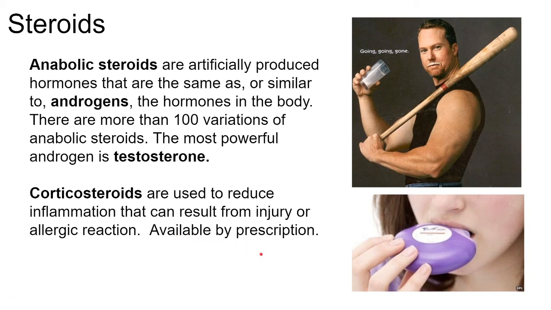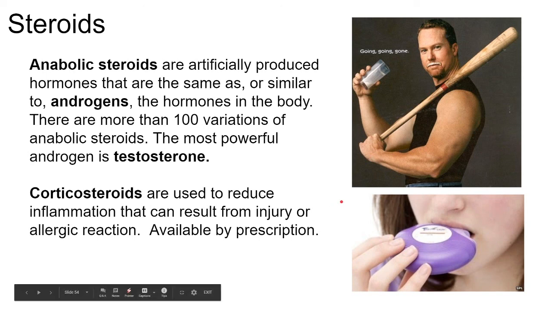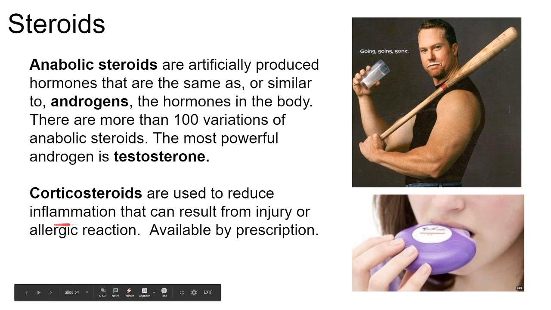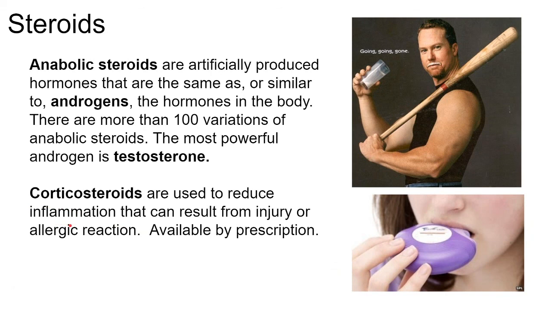If you have an inhaler, it probably has a corticosteroid of some sort in it. If you have some types of immune disorders, like colitis, they will sometimes prescribe a corticosteroid to help reduce inflammation. With colitis, you may have severe diarrhea, and the corticosteroid reduces the inflammation so your body no longer goes through that.